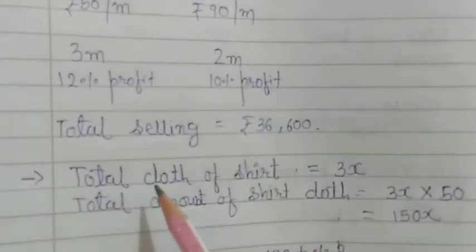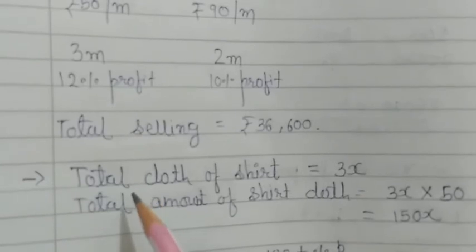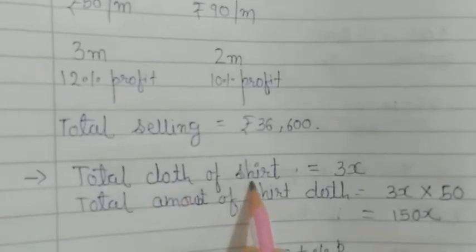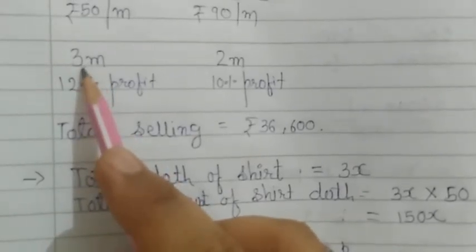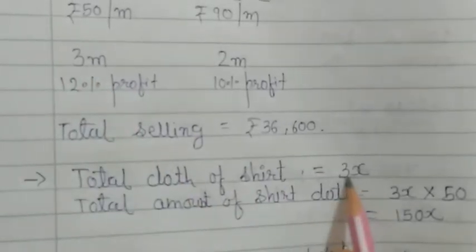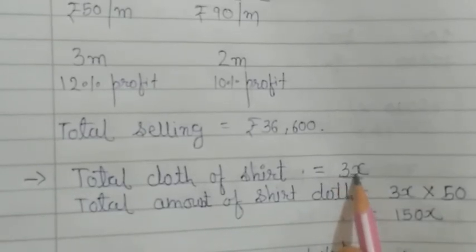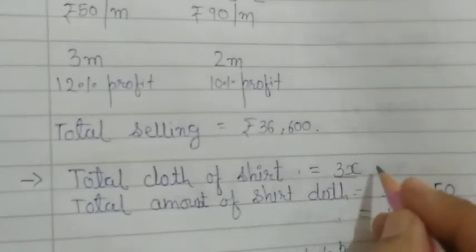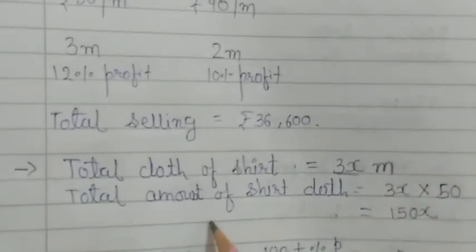We don't know how much shirt cloth he buys. So total cloth of shirt is 3x. Okay, here 3 meters is given for one shirt, so for 3x total cloth here we assume he buys 3x meters of shirt cloth.